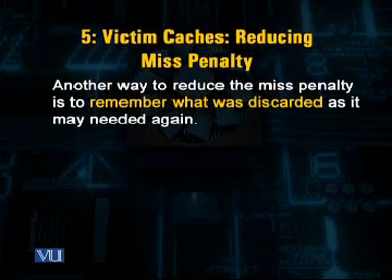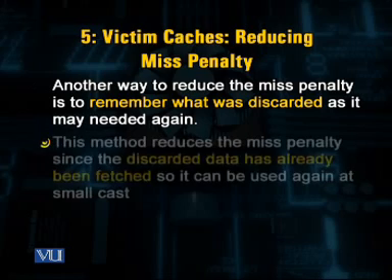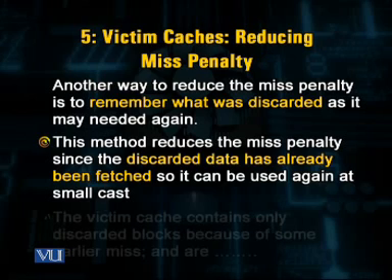Another way to reduce the miss penalty is to use a victim cache, which remembers what was discarded. This information is remembered because it may be needed again. This method reduces the miss penalty because the discarded data has already been fetched, so it can be used again at a small cost.